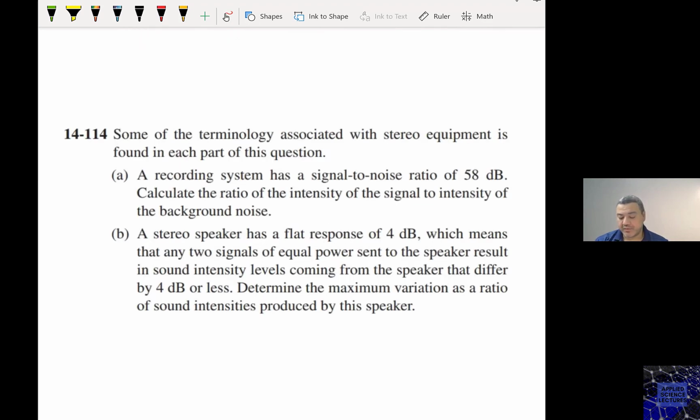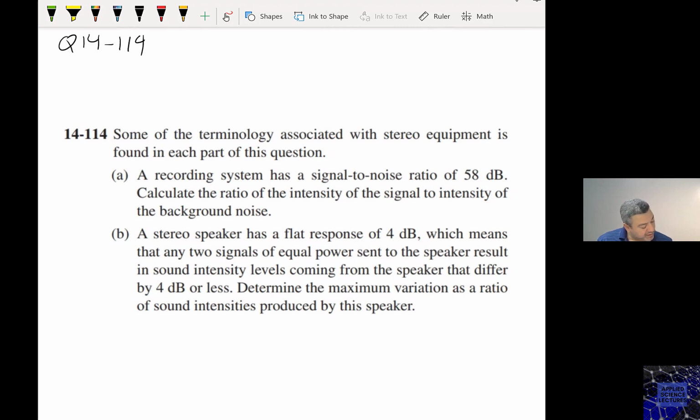Problem 114 reads the following. Some of the terminology associated with stereo equipment is found in each part of this question.